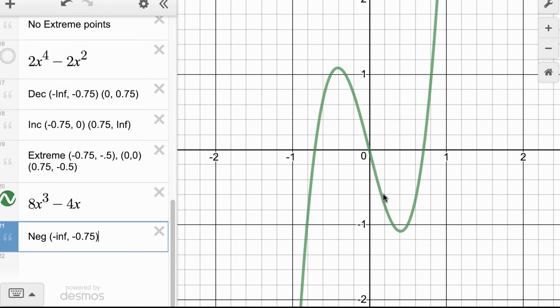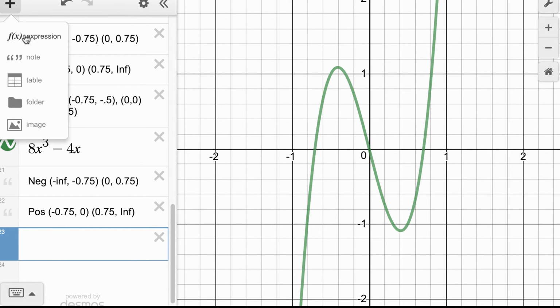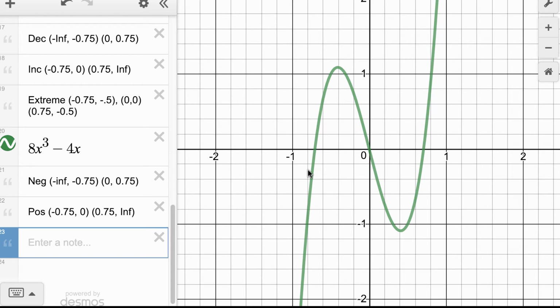Then we're negative again until we get to positive 0.75. And then once we hit there, we're back to being positive. Okay, we have x-intercepts at negative 0.75, 0, and positive 0.75.